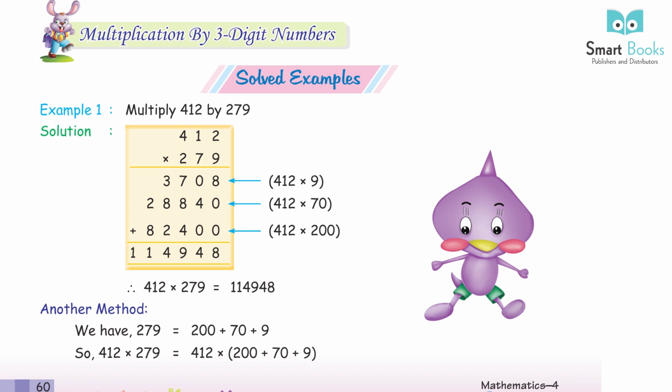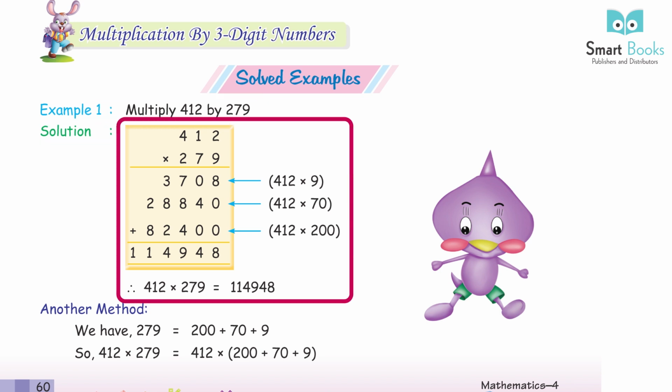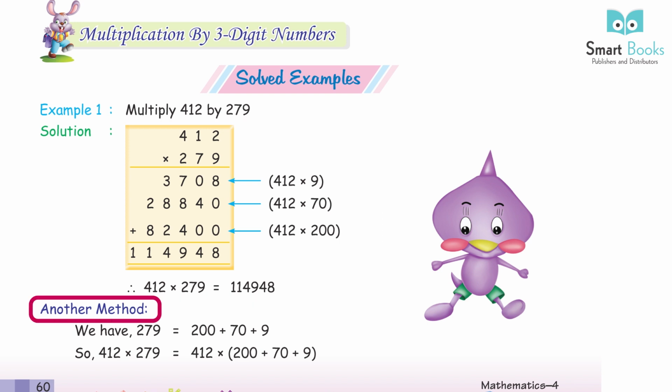Solved examples. Example 1. Multiply 412 by 279. Solution. 412 into 279. 412 into 9, 412 into 70, 412 into 200. Another method: we have 279 is equal to 200 plus 70 plus 9.